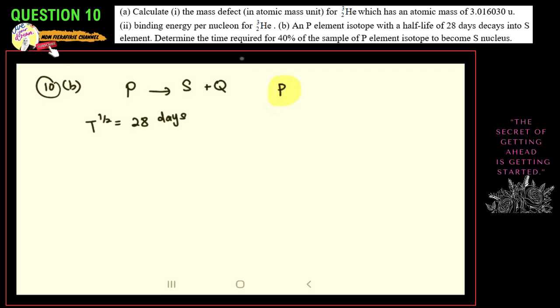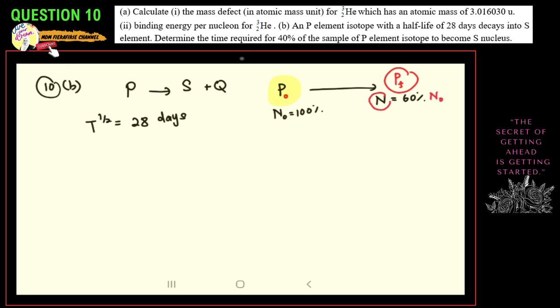Initially, the number of nuclei N naught is 100%. When 40% of the sample of P become S, the number of nuclei for P will be 100 minus 40, dia akan tinggal 60% of its initial.